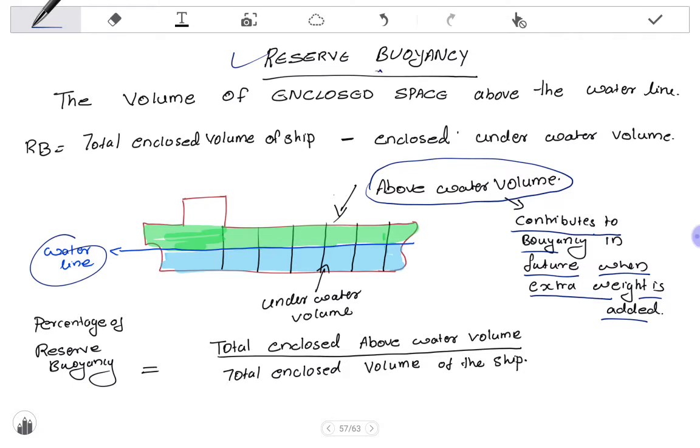Reserve buoyancy can be defined as the volume of enclosed spaces above the water line. Why do I say enclosed space? Let's assume this compartment.